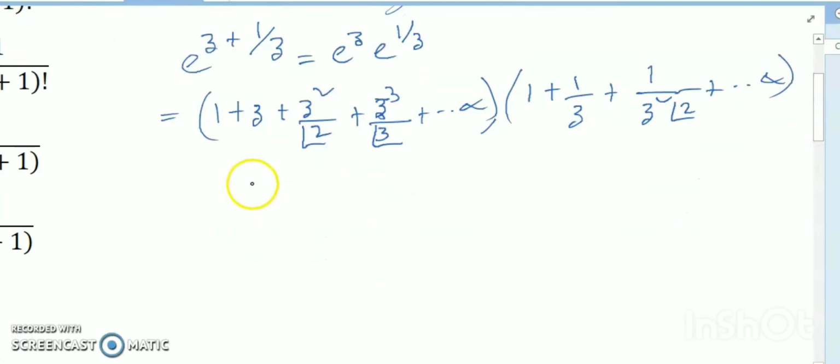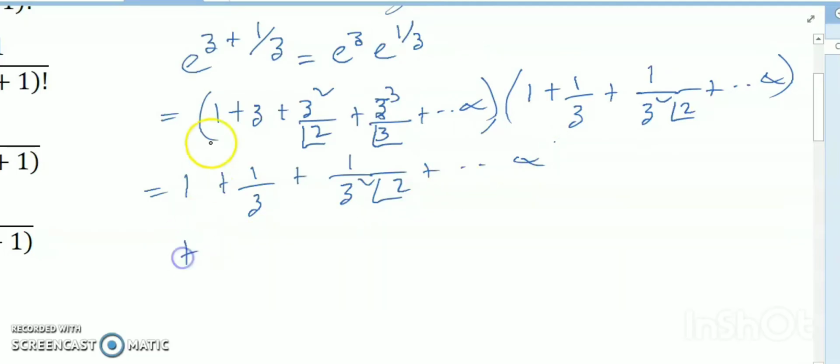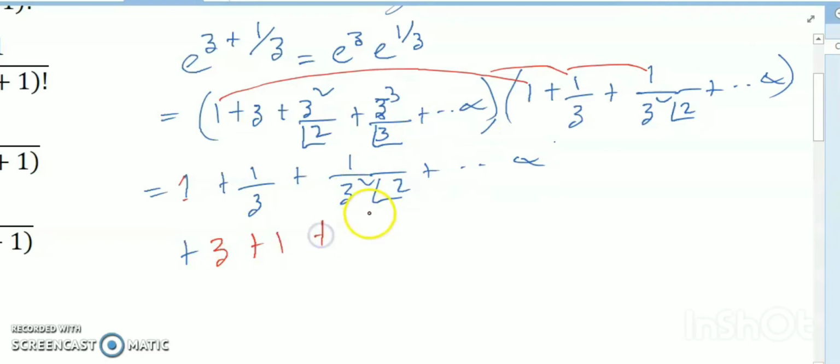So we have to find out the coefficient of 1 by z. At first when I multiply 1 by 1 plus 1 by z plus 1 by z square 2 factorial up to infinity, let's do another multiplication. So 1 is multiplied with this, then z is multiplied. So first is z, second is 1, third is 1 by z into 2 factorial.